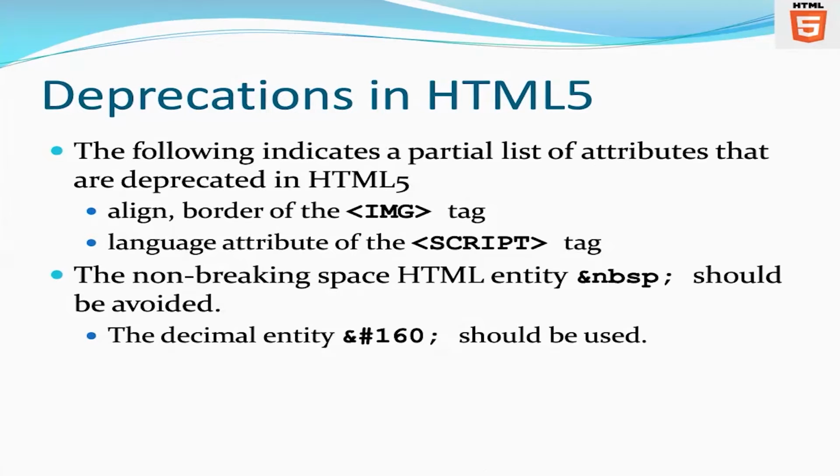We are being told, instead of using the literal values, we're supposed to be using the decimal equivalent instead. I'll repeat that again. Don't use the literal values of these entities. Use the decimal equivalents instead.